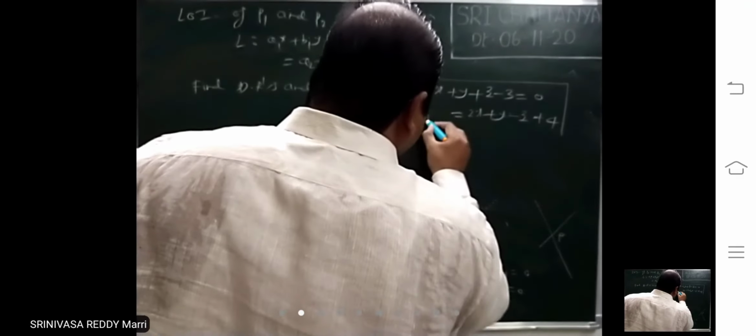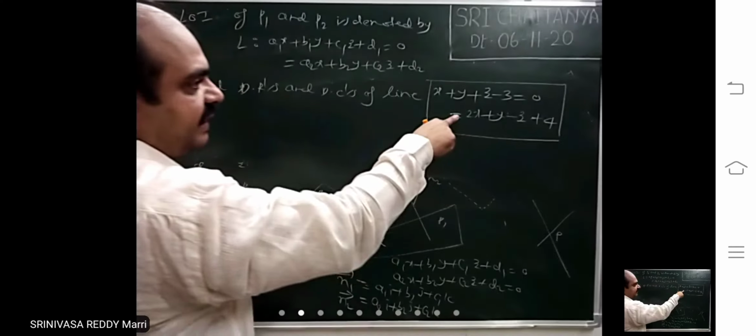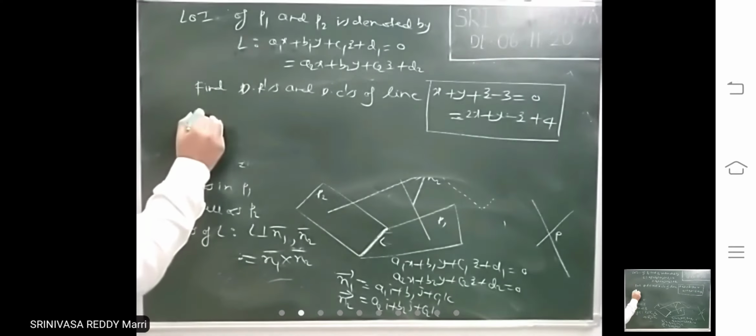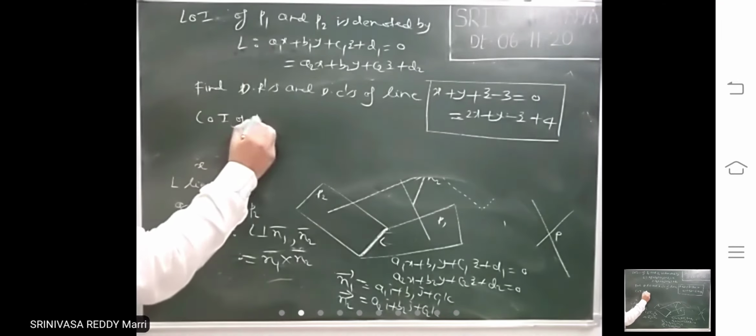He has given the line as this one. That means it is nothing but the line of intersection of two planes.